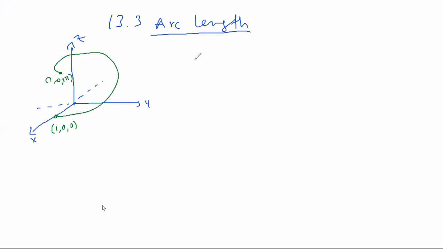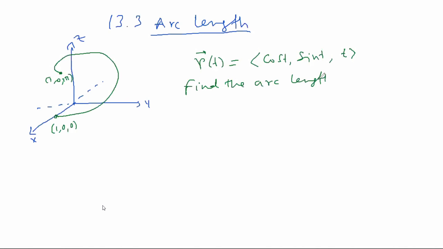The helix is given by the parametric equation cosine t, sine t, and t. So find the arc length of the helix from the point 1, 0, 0 to 1, 0, 2 pi.